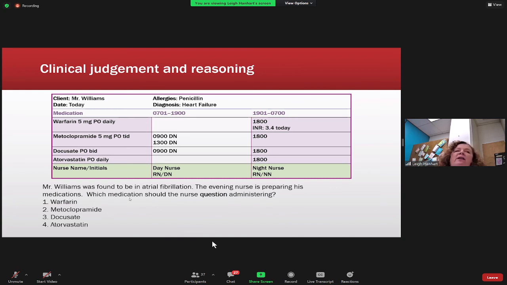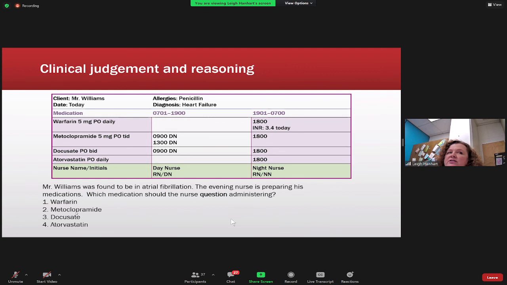And so whenever we have something that we're going to question, we're looking at it as a potential danger. So even if you look and you're not sure what they're asking in here, the correct answer is going to be warfarin because the INR was 3.4. And we want to keep that within 2 to 3. But when you're doing test questions, whether here or through NCLEX, just look at, if this is something that we're questioning, that means it could be potentially unsafe.